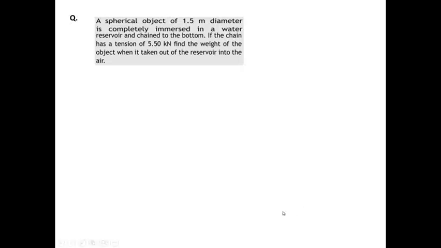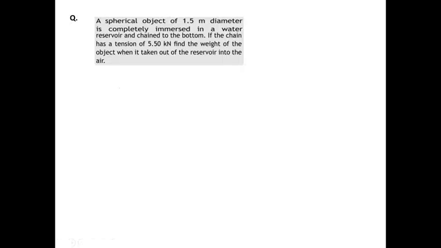Now the chain has a tension of 5.5 kilonewton, meaning after the chain has been used for restricting the movement of the sphere, there is a tension on the chain which is 5.5 kilonewton. Now what you have to do is find the weight of the object when it is taken out of the reservoir into the air. Basically you have to find the weight of the sphere.